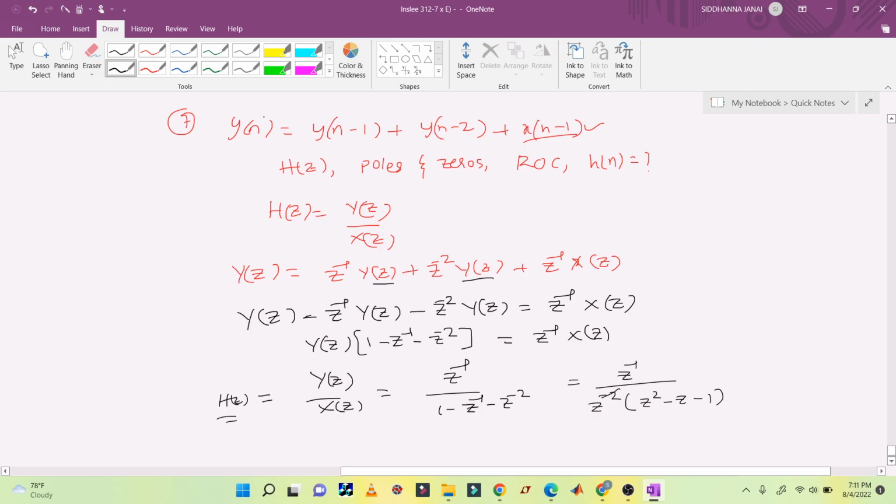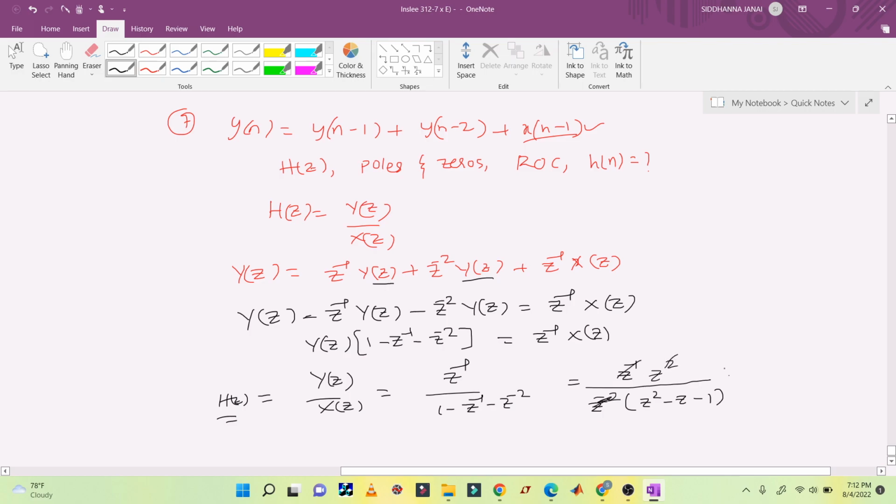Let me write another step for that. Z to the power minus 2, and if it goes to the numerator, it becomes z square.